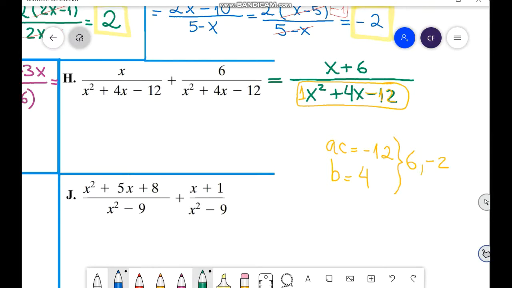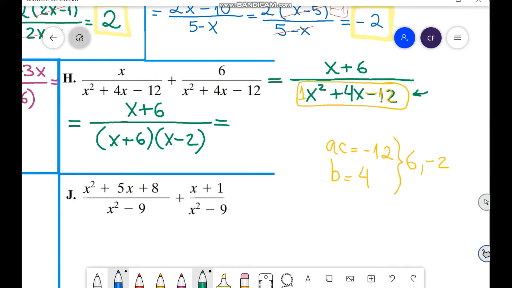We can rewrite the denominator using the numbers x plus 6 times x minus 2 over x plus 6, and this is very cool because we can simplify x plus 6 with x plus 6, and then we have 1 over x minus 2.